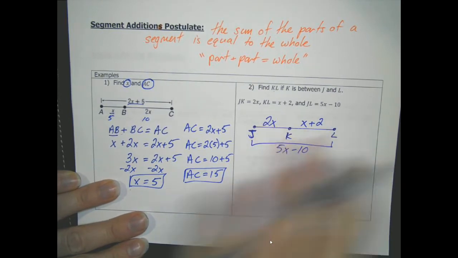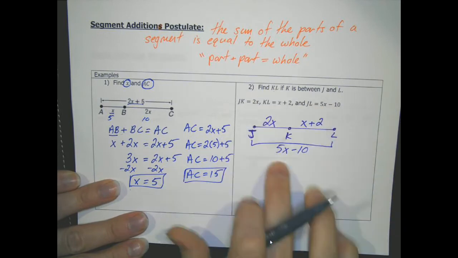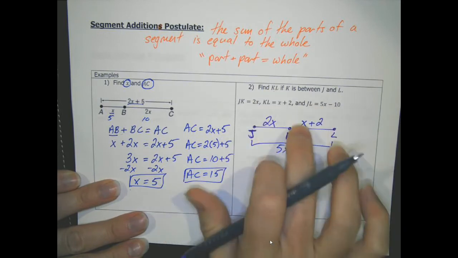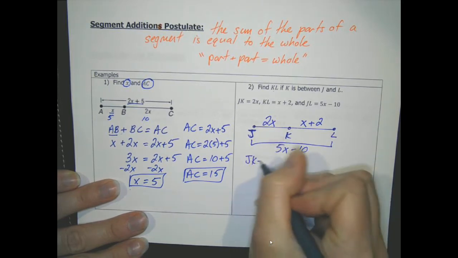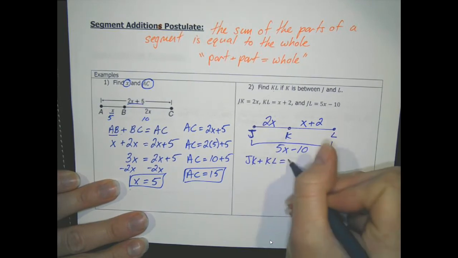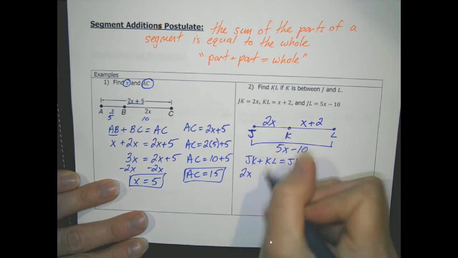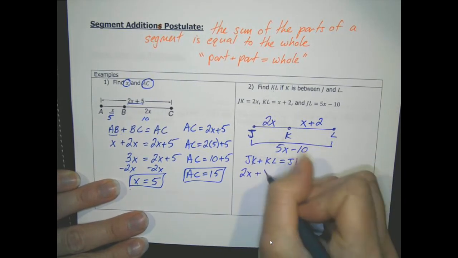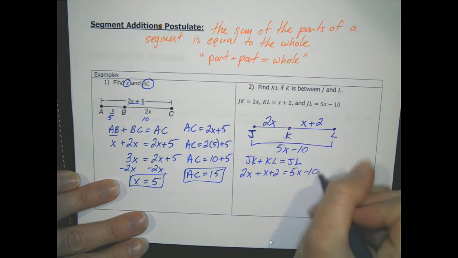I know segment addition postulate because I want to find the parts. I'm looking for the distance from K to L. In order to find the distance from K to L, I need to know what x is, so I solve for x first. I know the distance from J to K plus the distance from K to L is equal to the distance from J to L. Distance from J to K is 2x. Distance from K to L is x plus 2. Distance from J to L is 5x minus 10.